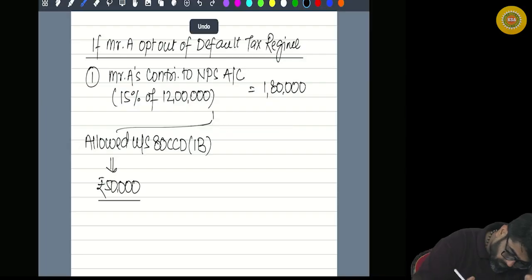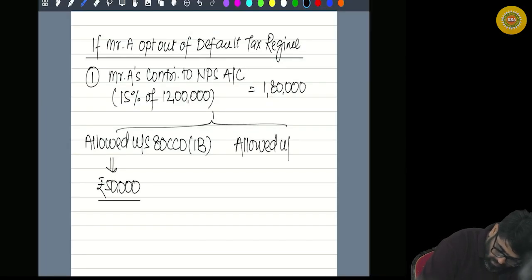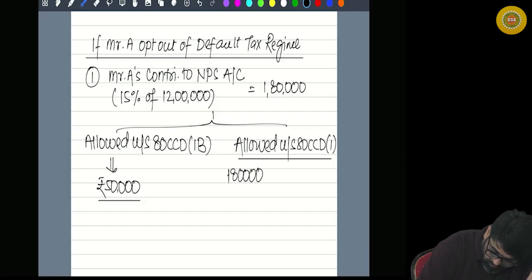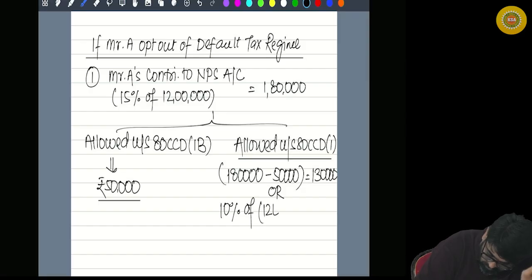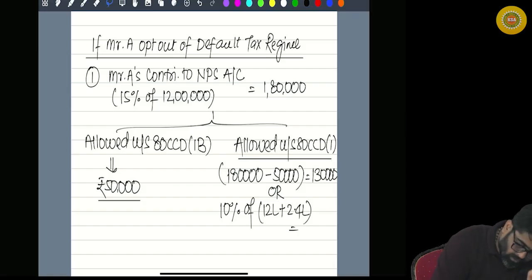And here you are going to write allowed under section 80CCD1. How much? 1,80,000 minus 50,000 is equal to 1,30,000, or 10% of 12 lakhs plus 2.4 lakhs, how much? 1,44,000.